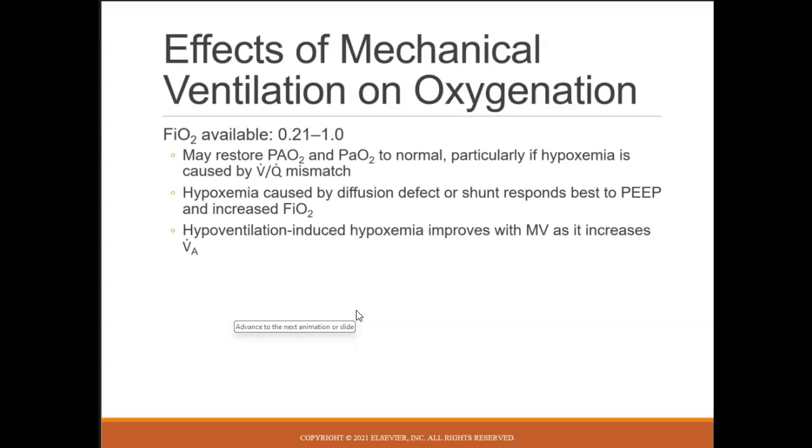If you have hypoventilation-induced hypoxemia, like our patient scenario in lab, I think it was last week or maybe the week before, where we had that hypercapnic respiratory failure where our CO2 is really high. Let me give you a reminder of what an ABG looks like with this.